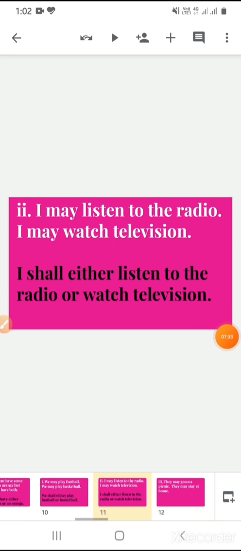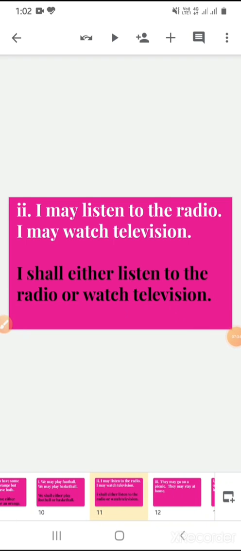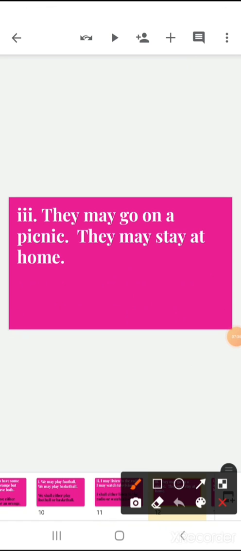Now moving on to the third point. They may go on a picnic, they may stay at home. So in this sentence also we have to use either or. Now try yourself how we have to write.